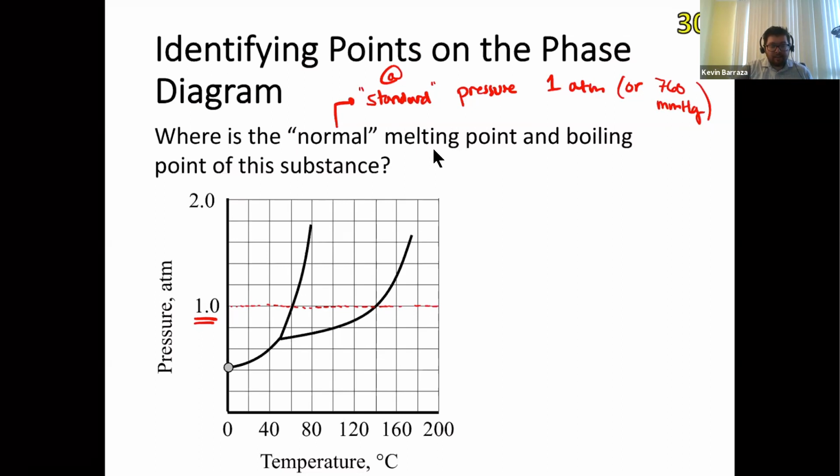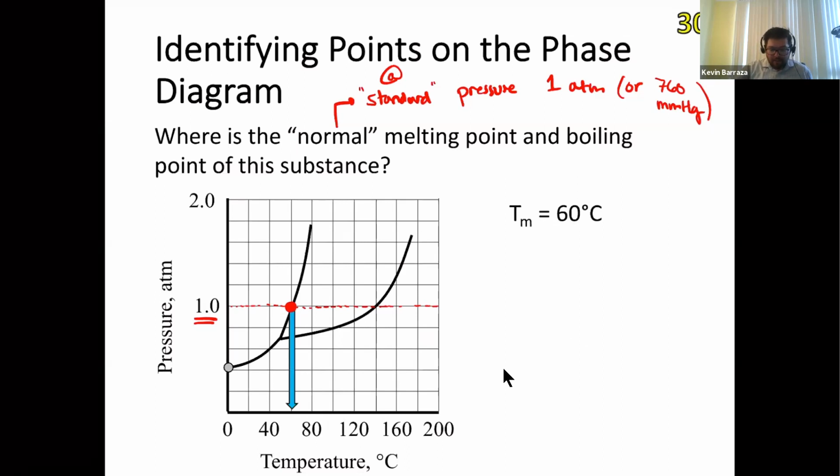That's melting. That's going to be here. This is where we cross the line. This will be called the normal melting point of the substance. At normal pressure, we cross the line here. So we would look down and say that temperature, which we'll call the melting point, is 60 degrees.